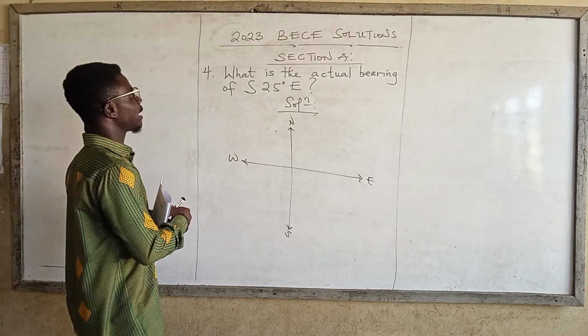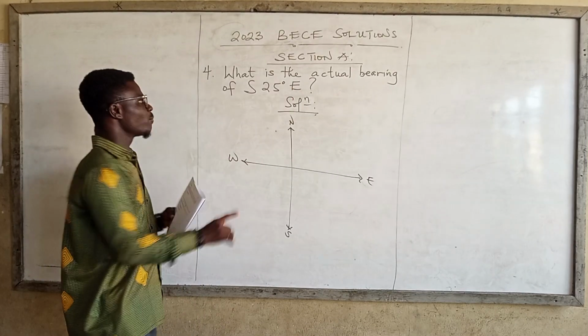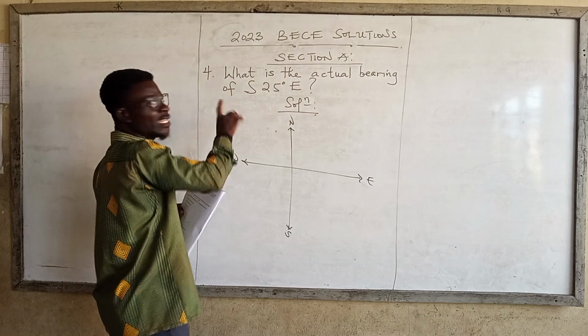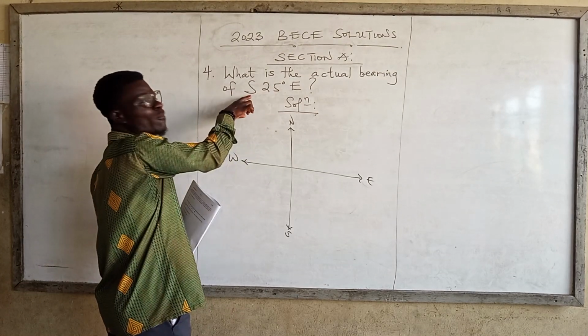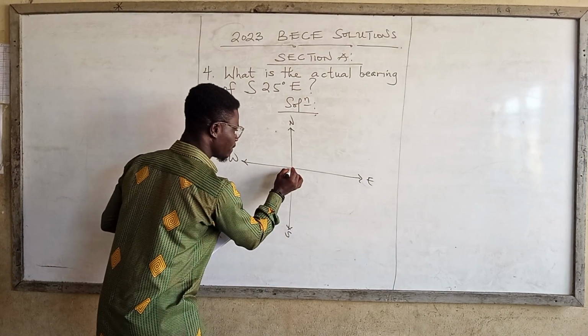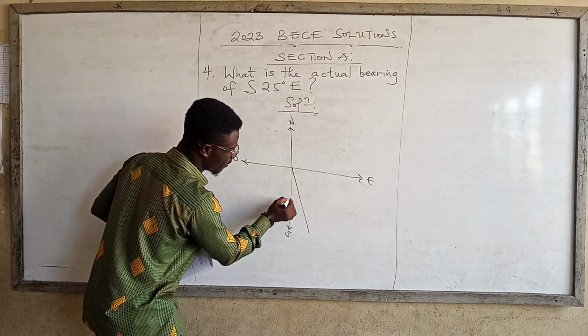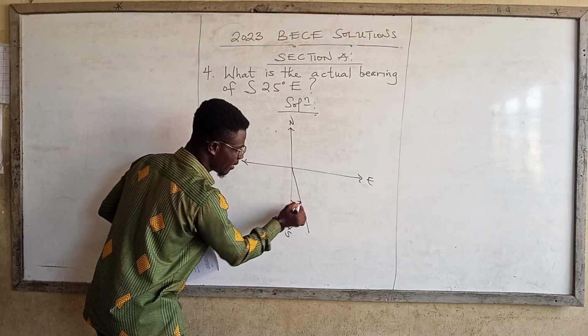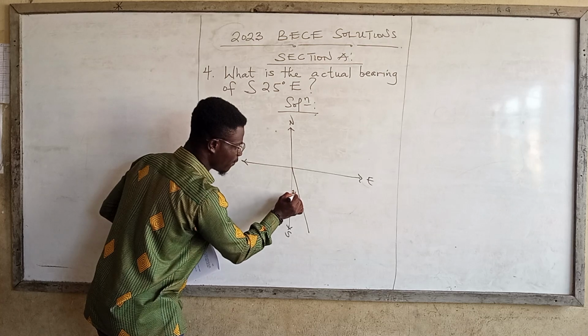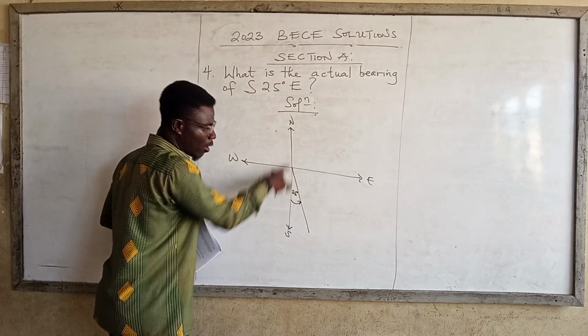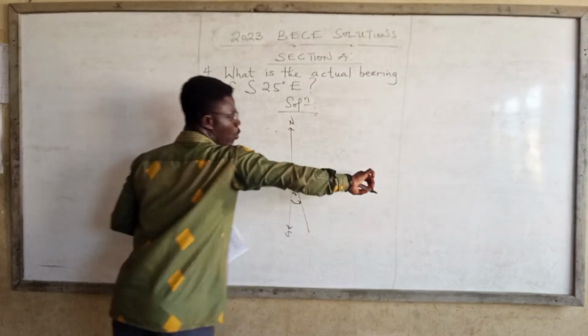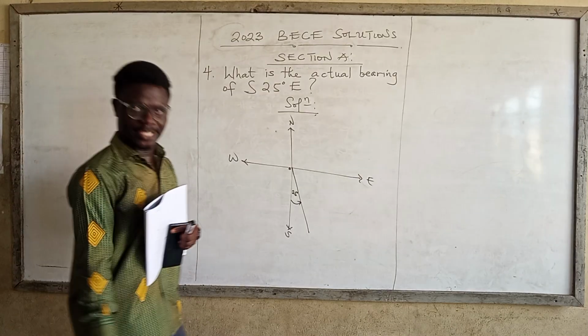S25 degrees E means I'm measuring an angle of 25 degrees from the south pole towards the eastward direction, so I attach it here.